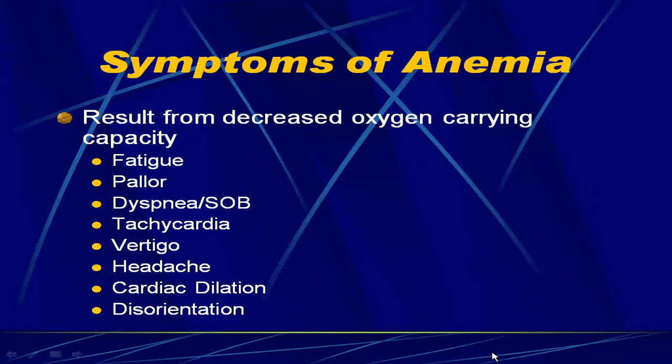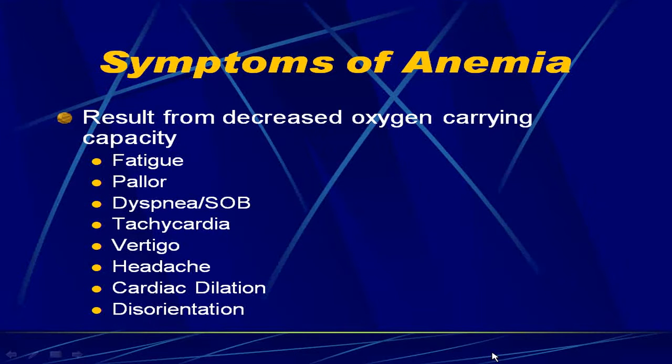So the symptoms that we see associated with anemia are the result of decreased oxygen carrying capacity to the cells, and so the person is going to have fatigue. They may be pale in color or have pallor. The person is going to be dyspneic or short of breath, and that makes sense because the person has decreased oxygen.